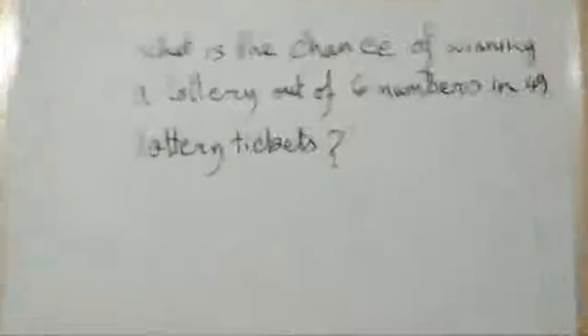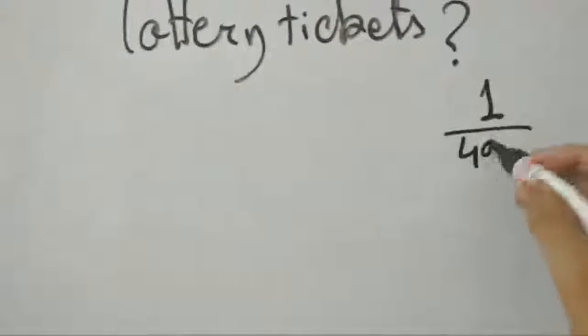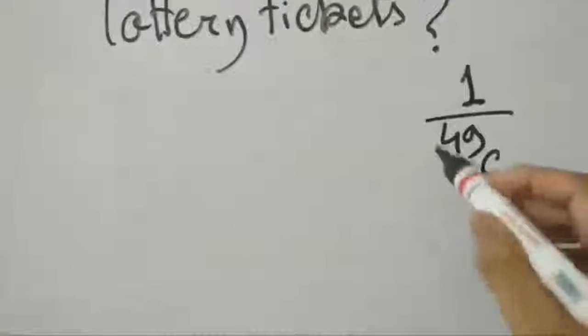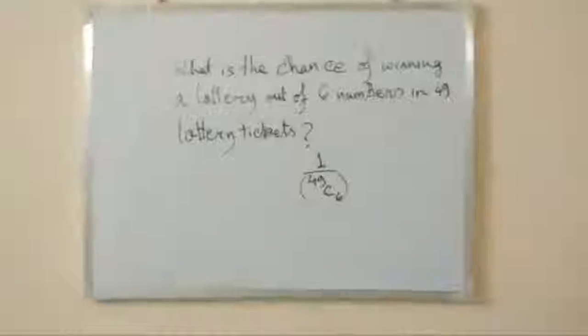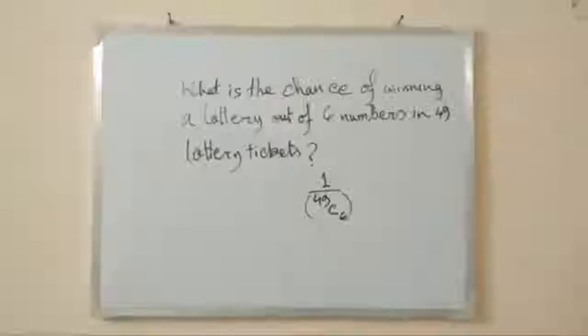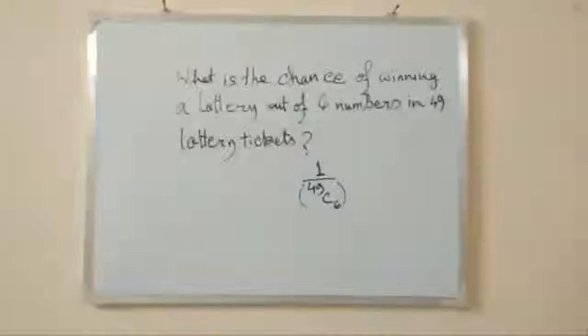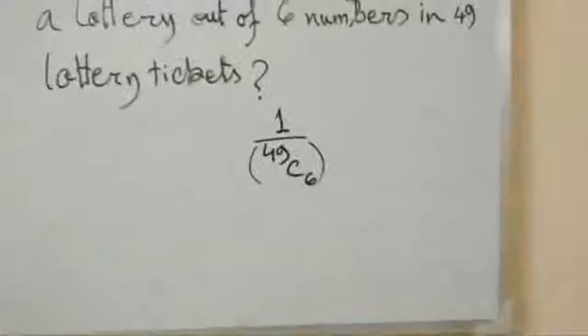Okay, so let me do it for you. So the answer is 1 by 49C6. The question is why? Because only one ticket may win the lottery, right? Not every ticket can win. So what is the sample space? That is, we need to choose six tickets out of 49.